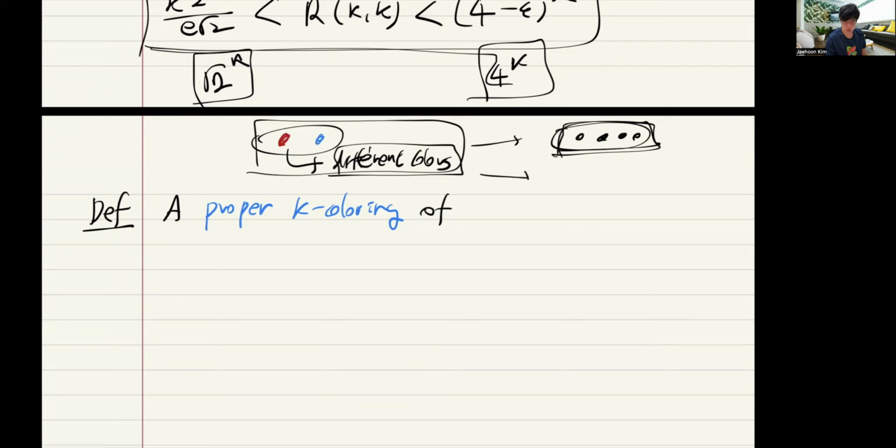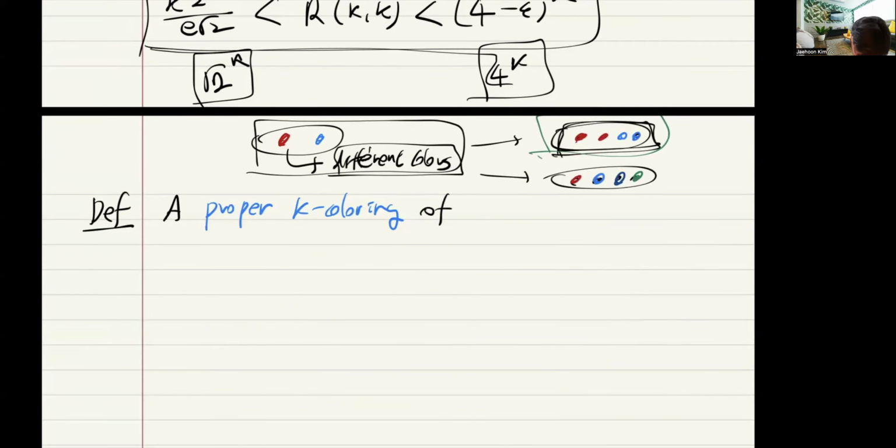And the other one is that you force its vertices to have all different colors. So both of them make sense. But we will take the former definition.